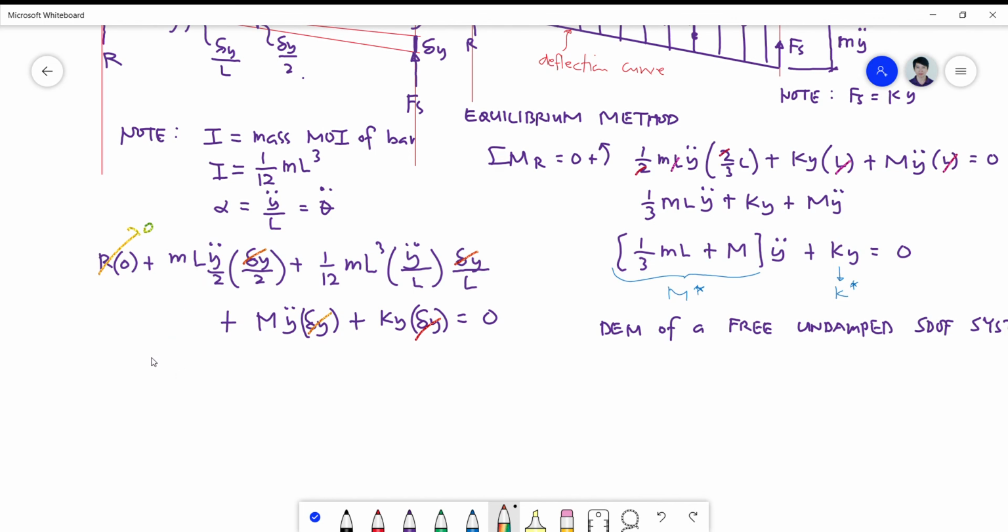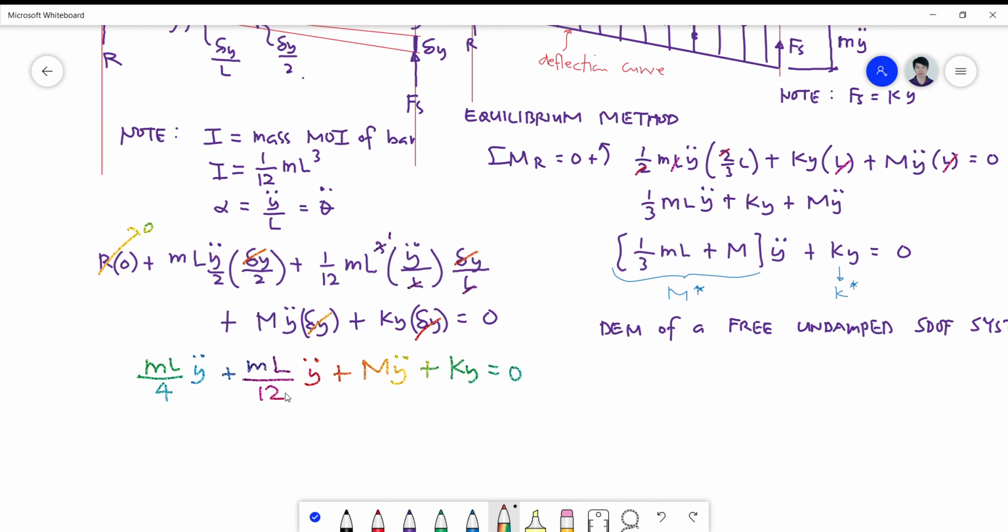So this is now M L over 4 y double dot plus M, this cancels, okay, so what remains is M L over 12 y double dot plus capital M y double dot plus k y equals 0.